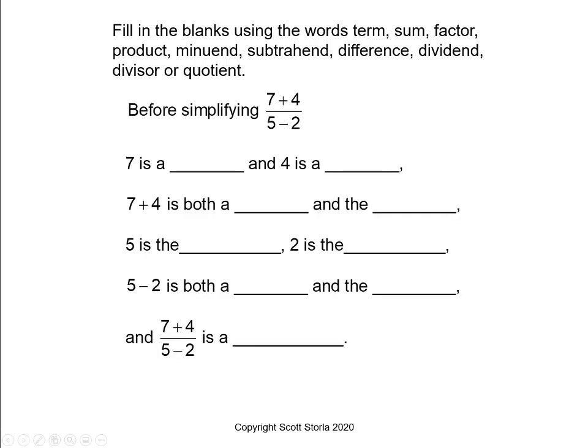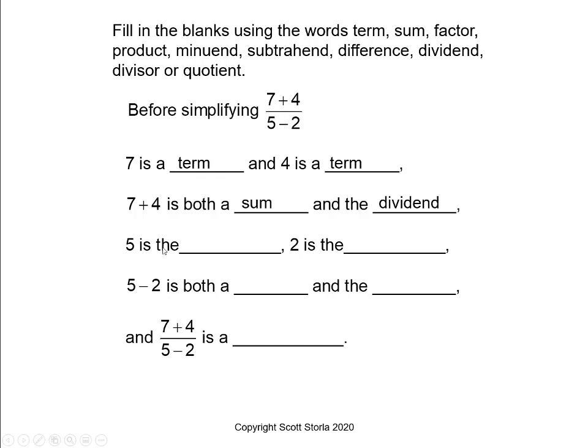Here's another one to try. In this problem, we have 3 operators, the addition, the subtraction, and the division. If we look at the dividend, it's a sum. The 7 and the 4 are both going to be terms. The 7 plus 4 is going to be a sum, but it's also above the bar, so it's going to be the dividend for a quotient.